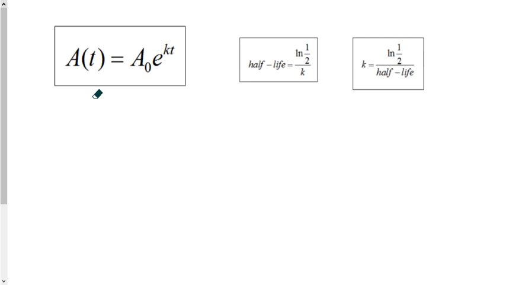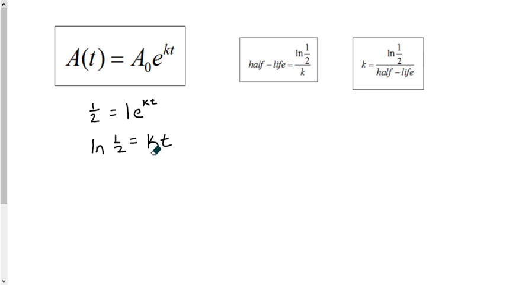So if I were to start out with, why don't I start out with like 1 unit, whatever it is, and that will be my initial value, and I want to know how long until I only have half of that left. And so if I want, I could then rewrite this in a logarithmic form or take the natural log of both sides. Right? And then I get kt.